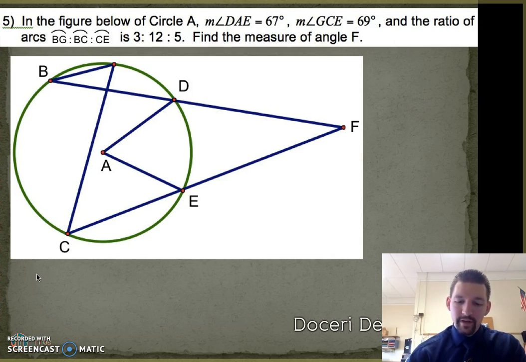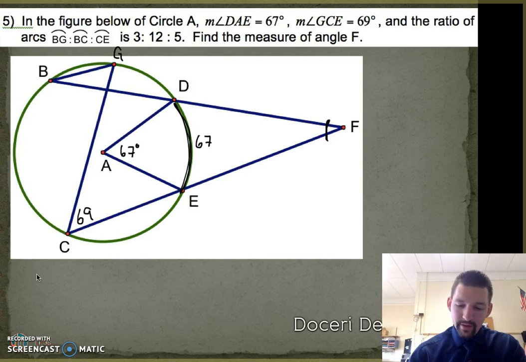So it starts off telling us that DAE is 67 degrees, and GCE, which point G is this one right here, GCE is 69 degrees. Well, using what we know about central angles and arcs, we can tell that this arc is 67, which is good because that's one of the two that we need to find angle F out here.